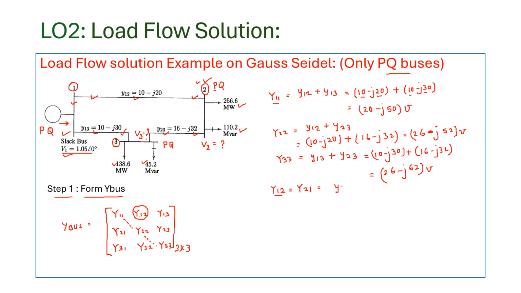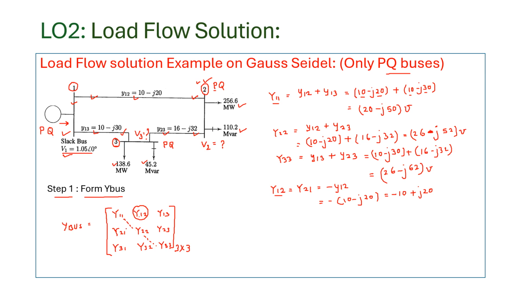So we have to take the admittance and put a negative sign to that. So it is minus 10 plus J20.